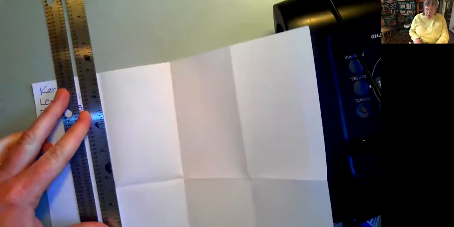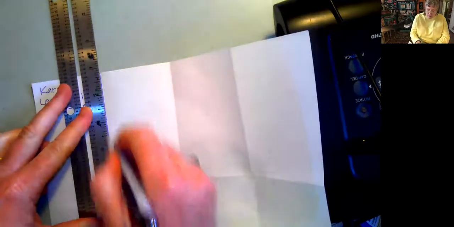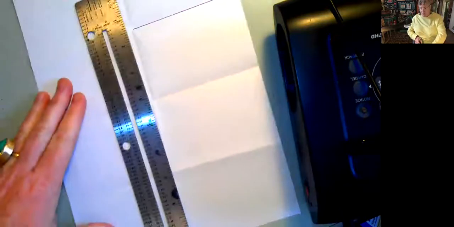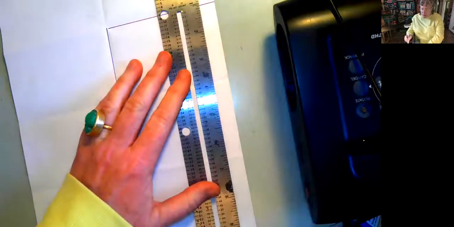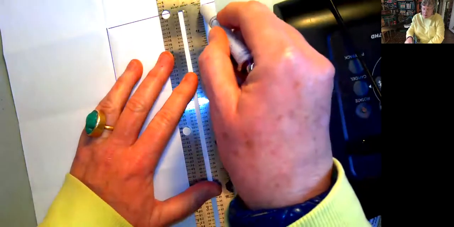All right, let's make this little chart. I'm going to get my ruler out. So I have a chart that looks like this. And this top part says property, and then this says figure.